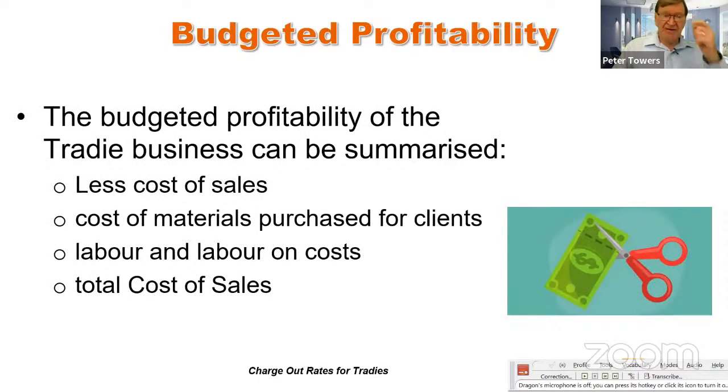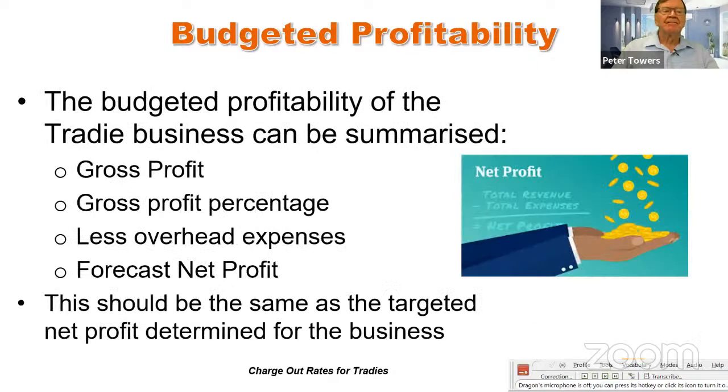The budgeted profitability of the tradie business can be summarised. Then there's less cost of sales, which is the cost of the materials purchased for clients, and the labour and labour on costs, and that will give you the total cost of sales. You deduct that from the sales figure, you've got gross profit, you can calculate the gross profit percentage.